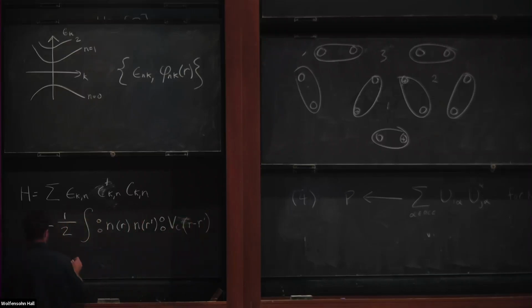And you should have in mind, for example, that the Coulomb interaction V(R minus R prime) is, roughly speaking, like 1 over |R minus R prime|. The details here technically depend on the experiment.